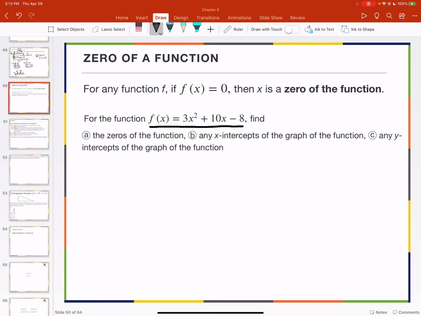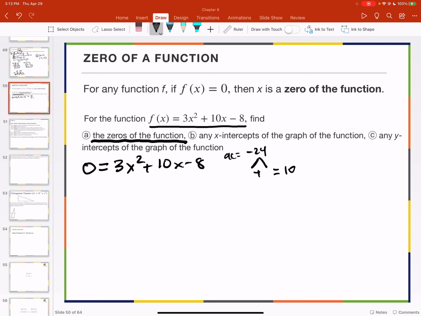For this function here, let's find the zeros of the function. All that means is, okay, f of x is equal to 0. Plus 10x minus 8. Now I need to find the appropriate x's. AC method, we can do -24. What are the factors of -24 that when combined give +10?